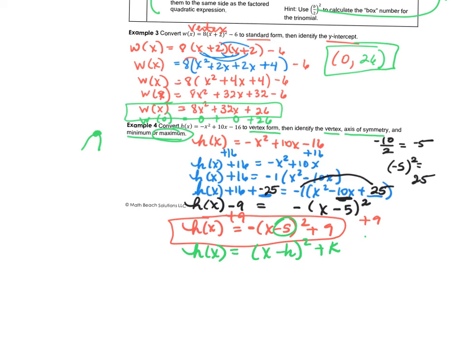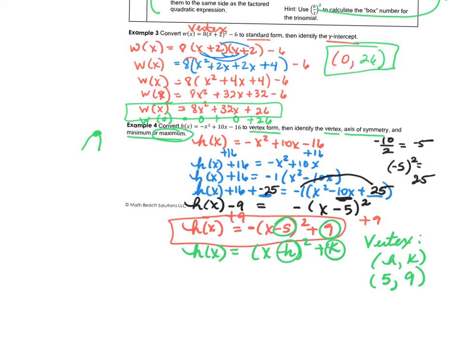So my vertex is (h, k), which is (5, 9). So that's my vertex.